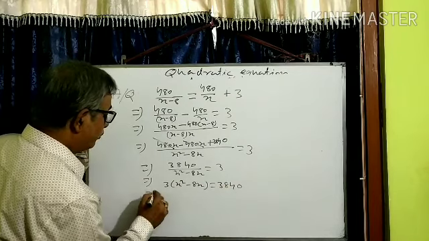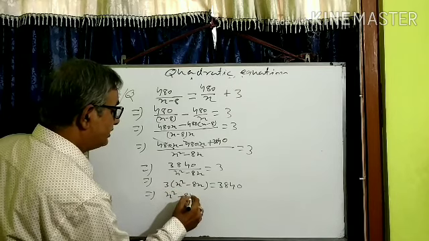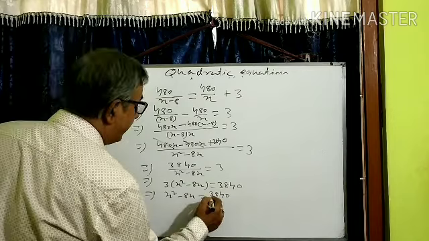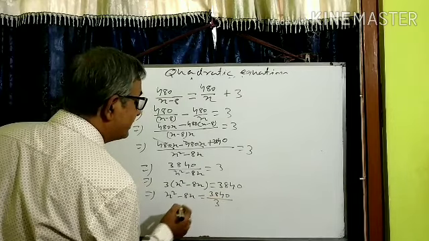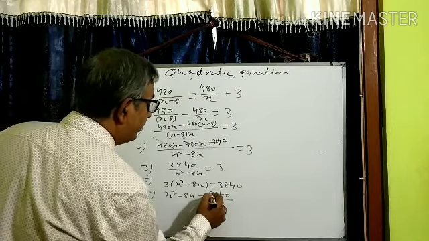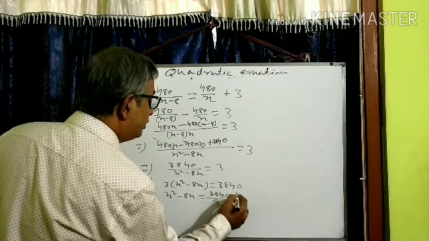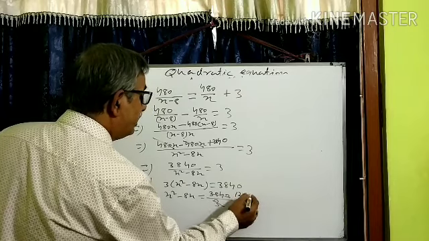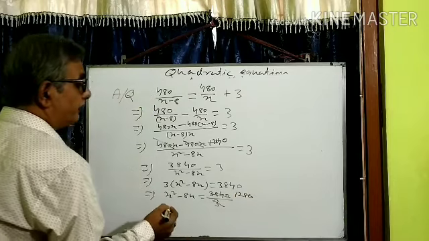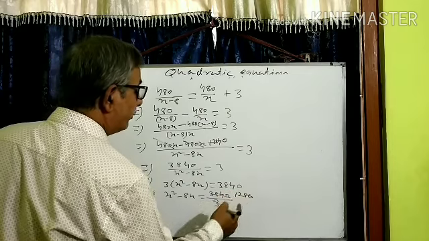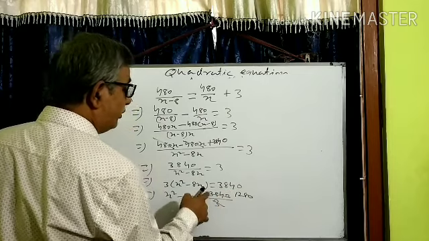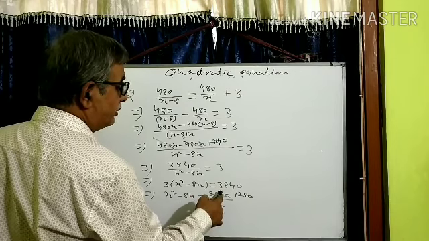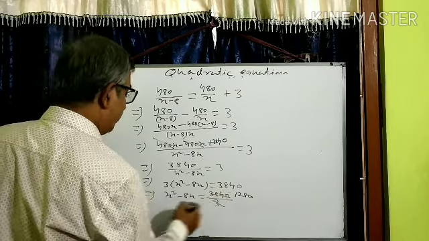Now x square minus 8x is equal to 3840 by 3. Can you cancel it? 3 1s are 3, 3 2s are 6, 3 8s are 24 and 0, so you are getting 1280.